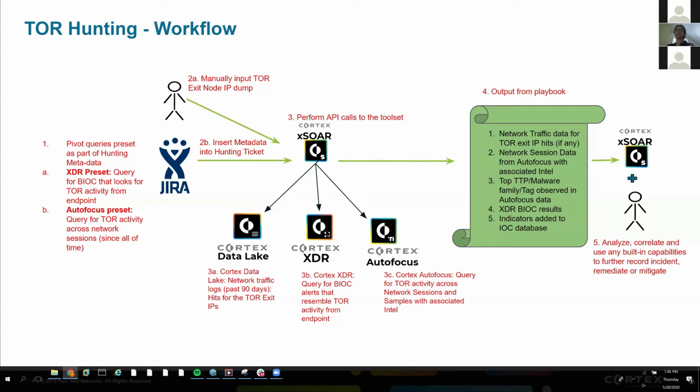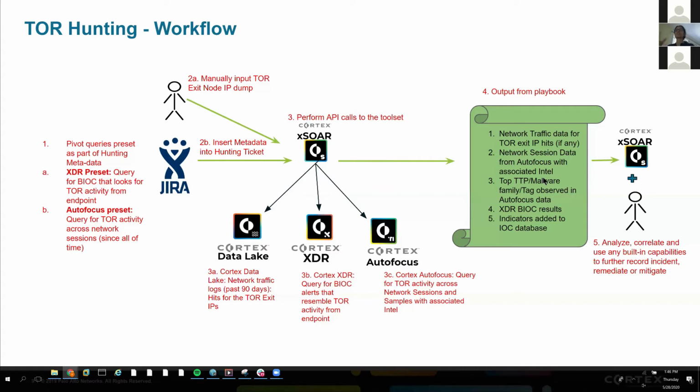And once that is done, the output of this playbook will give you the exit IP hits on the network, if any, and then the session data that I got from my threat intelligence platform. What are the associated tags or behavioral tags? What are the BIOC results, meaning if there were any rule hits for this kind of activity from the endpoint. And whatever indicators or presets I've added are also going to sit in the XSOAR indicator database, which I'll be showing you in a couple of moments from now.